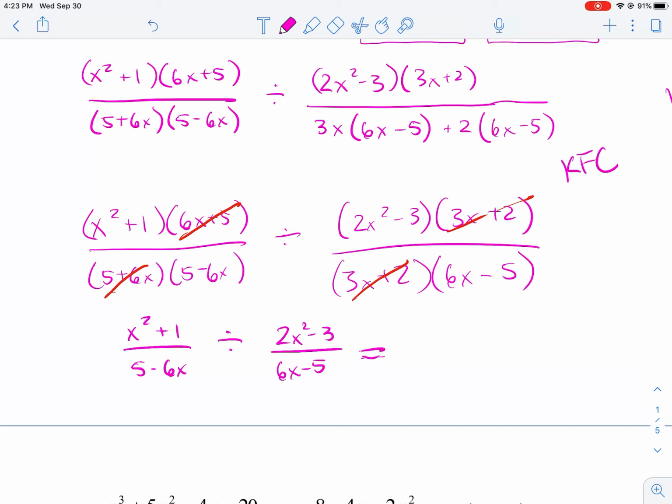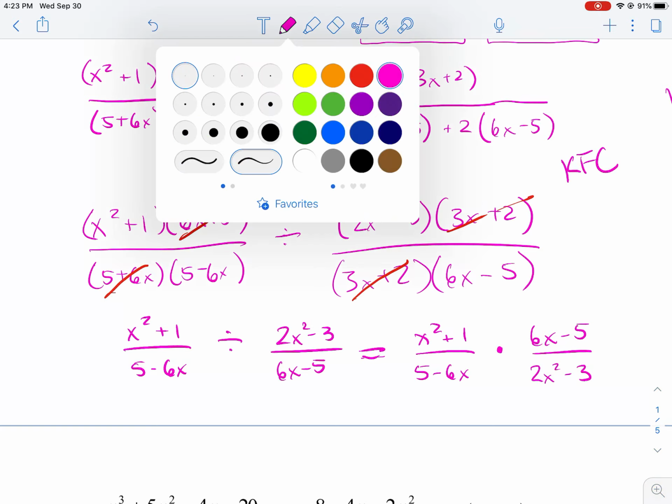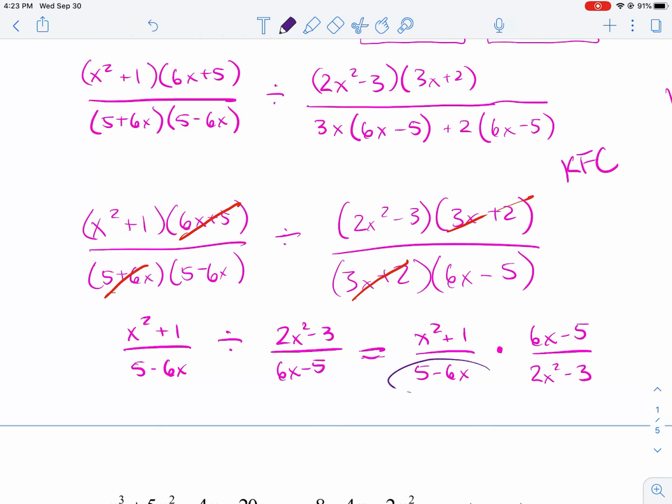I keep the first one, flip the second fraction, and change it to multiplication. Once I have done all this, there's only one cancellation I can make. It's these two right here, but when they cancel, it becomes a negative 1.